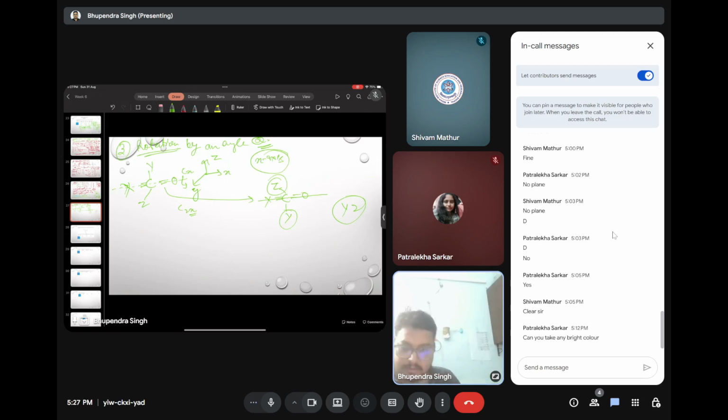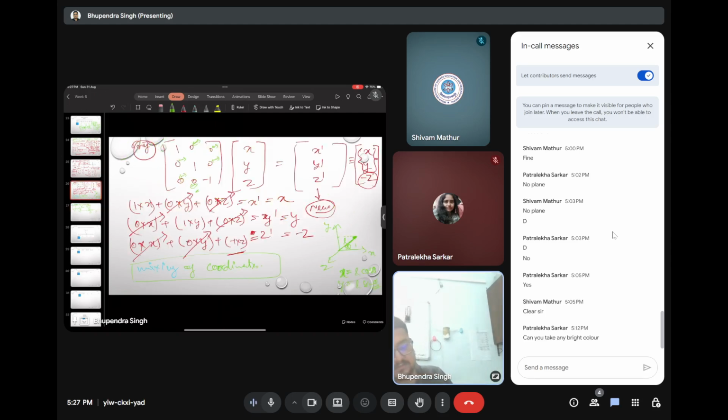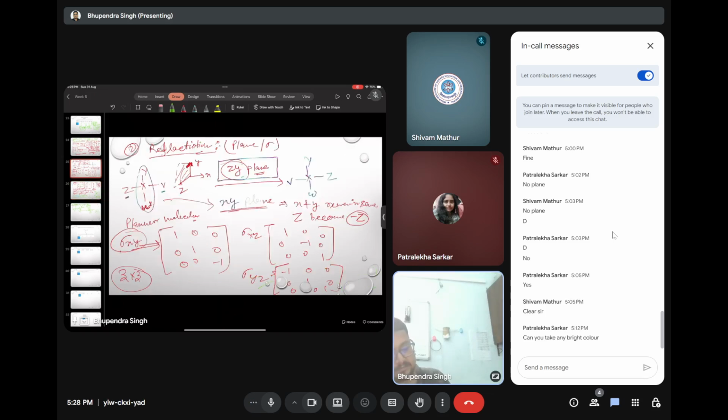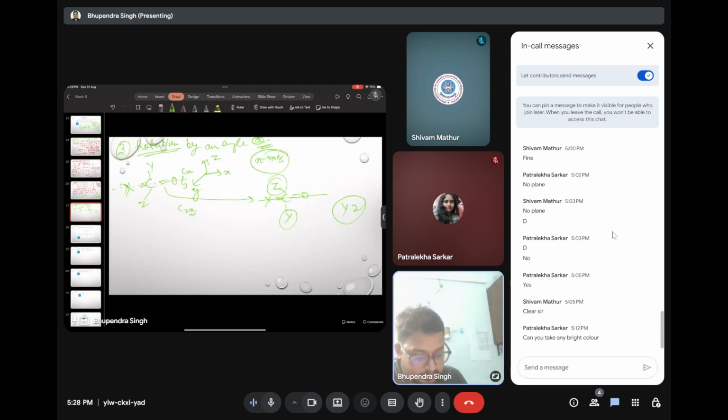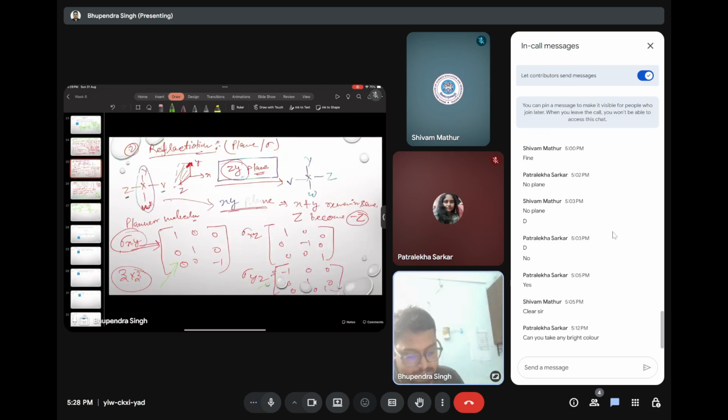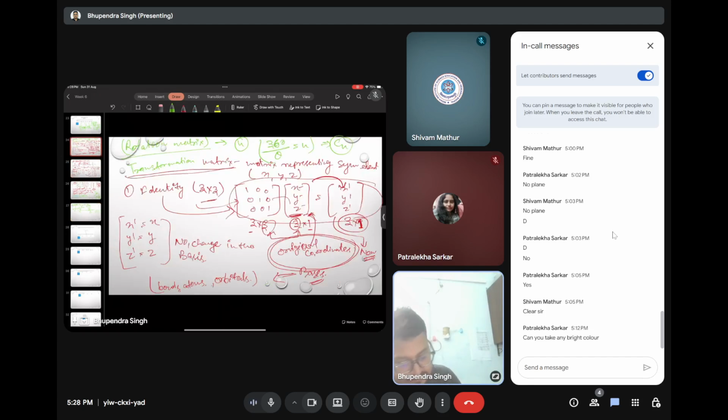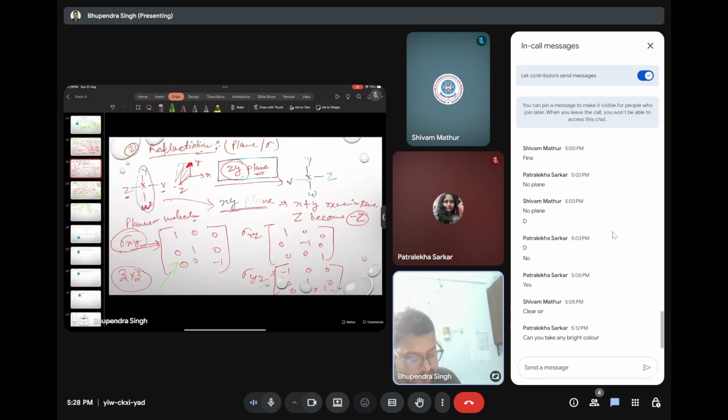Now, why are we studying this? Because we want to find the transformation matrix for all the operations, all the elements or operations. We have seen the transformation matrix for identity and for the plane reflection.